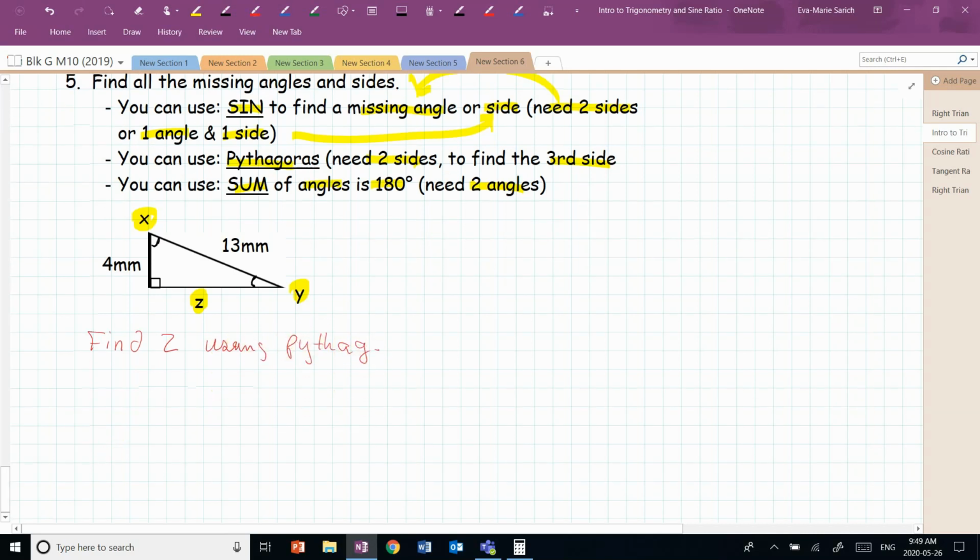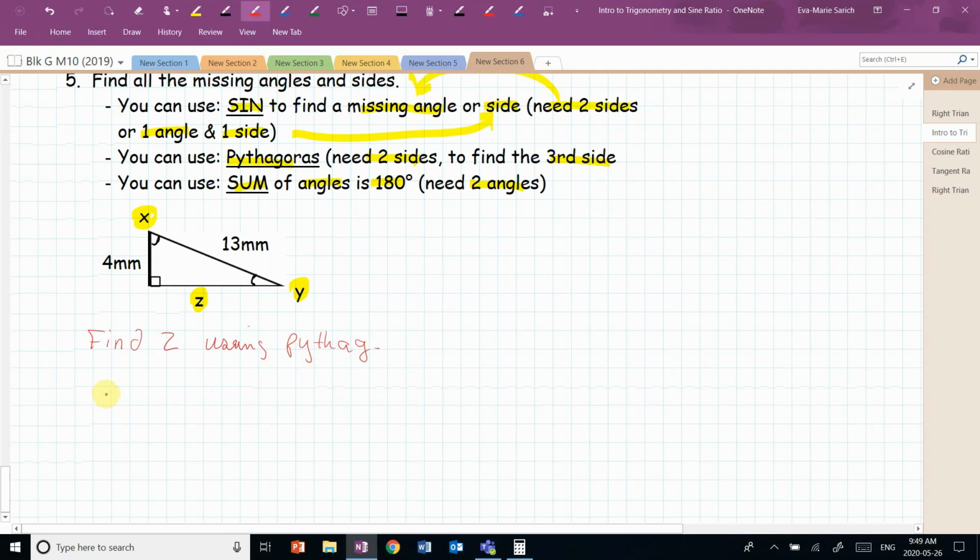So remember the formula: a squared plus b squared equals c squared. Now, when we did Pythagoras, remember, opposite of the right angle was side C. So this is going to be C, this is going to be A, this is going to be B.